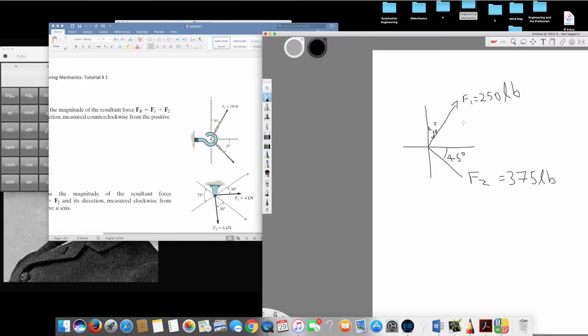So in order to find that, we have to draw a parallelogram, then only we can use the cosine law. So I'm gonna draw a line parallel to this force 250 lb, and a line parallel to this one.